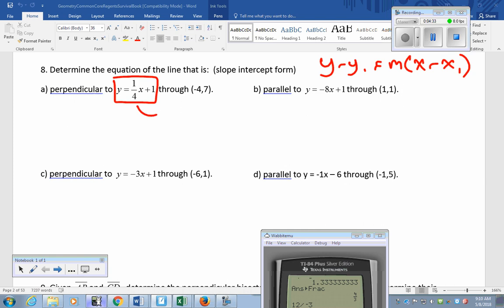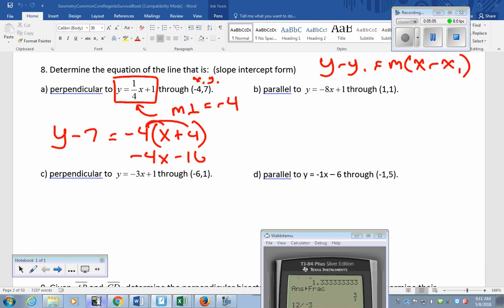Well, the slope for this is 1/4, so the perpendicular slope I'd have to use would be -4 over 1, or -4. So when I write this out, I'm going to have y, then I have my x1 and y1, y minus 7, and that's going to equal -4 parentheses x plus 4. Notice that I had to change the sign because I got a minus sign in the formula, and then I got a negative number. So you want to distribute.